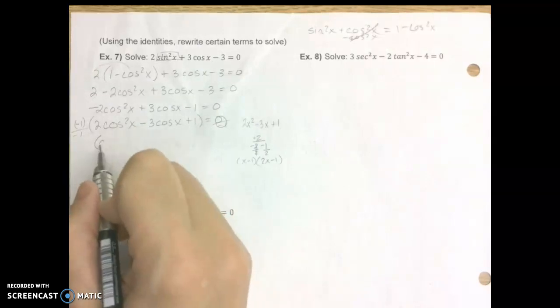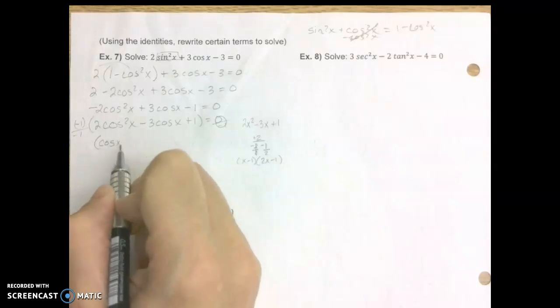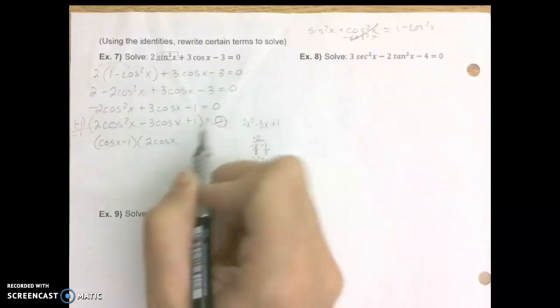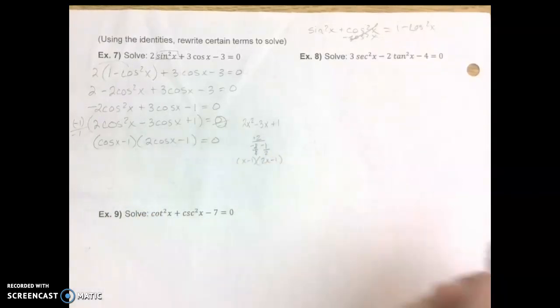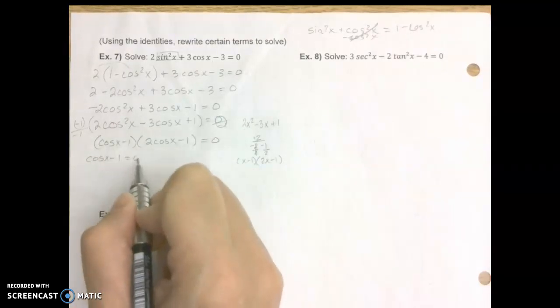So when I bring that over here, I go back and substitute cosine of x for x. Okay, and then I set each factor equal to 0.